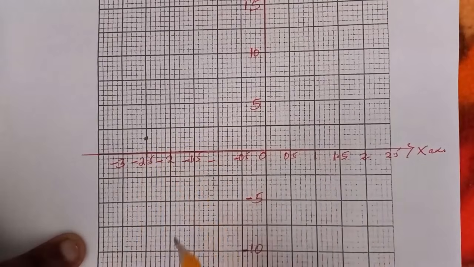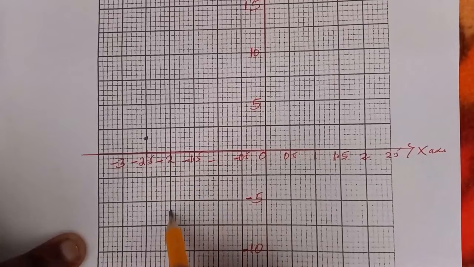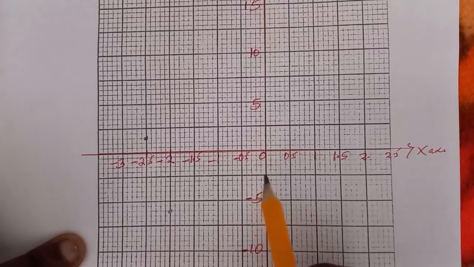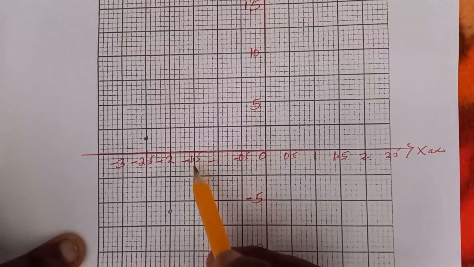Negative 2, negative 6 should be here. So this is the point. Then the next one is negative 1.5, negative 5.5. Negative 1.5 is here.